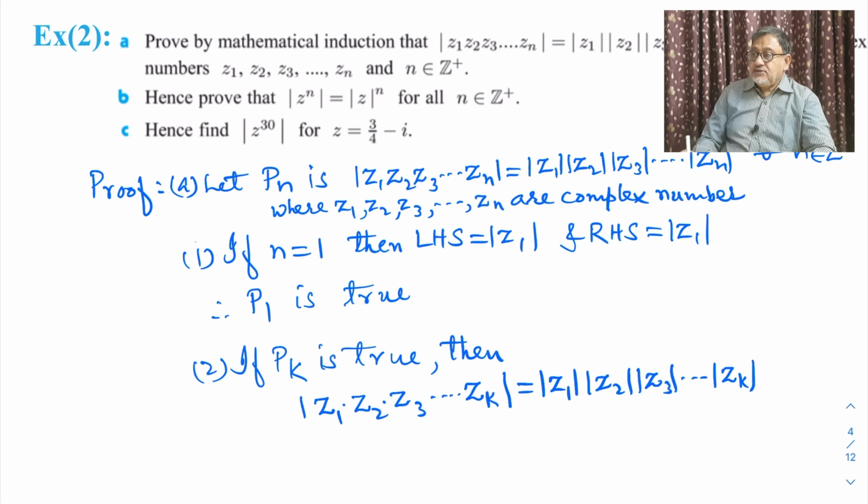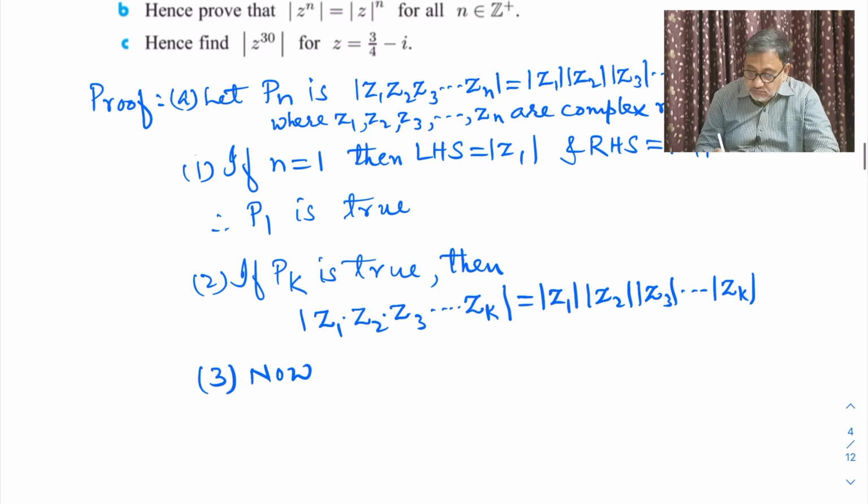So we have taken this as true. Okay. So now the third step is we will take it for P of k plus 1. We have to show that P of k plus 1 is also true.